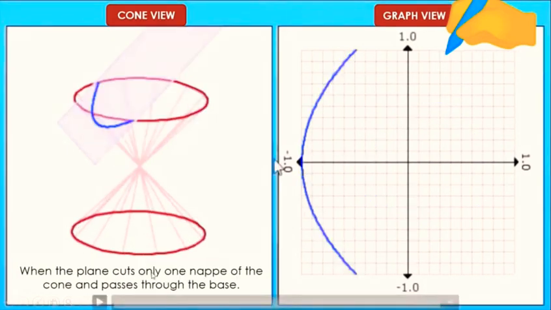When the plane cuts only one nappe of the cone and it passes through the base of that cone, observe what figure is being formed.